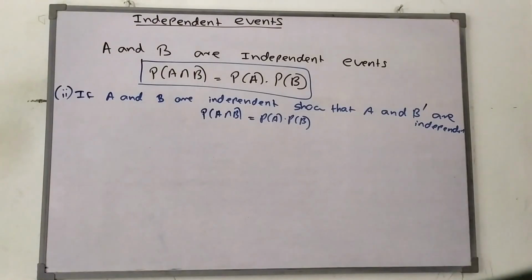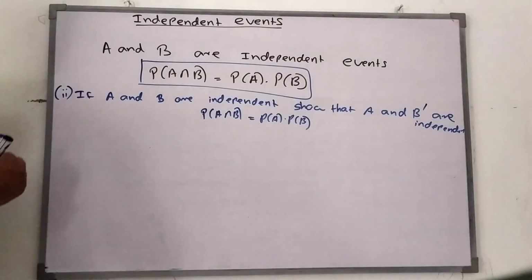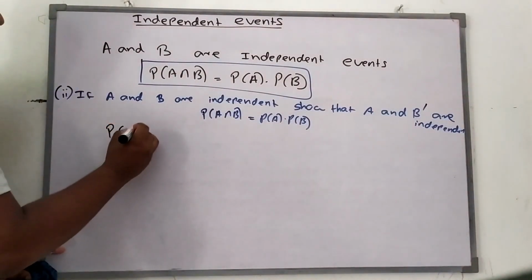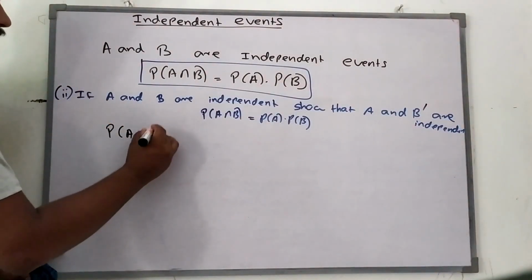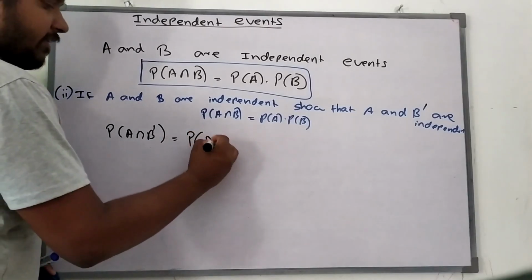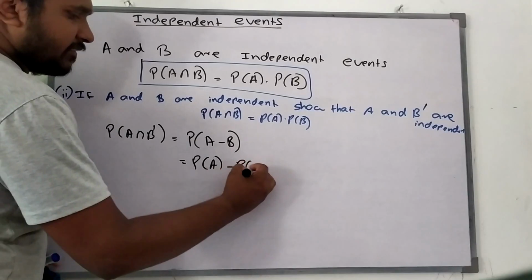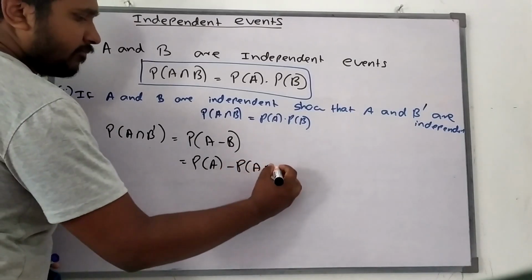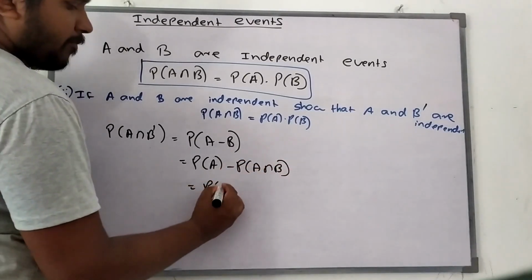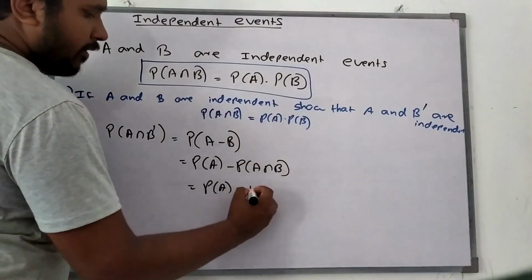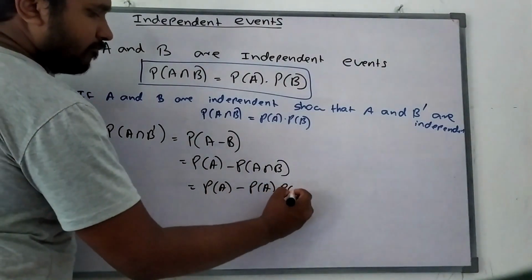In the second one, I'm going to show that if A and B are independent, then A and B dash are independent. I start again from A intersection B dash. This is basically A minus B. Then P(A) minus P(A intersection B), which is P(A) minus P(A)P(B).